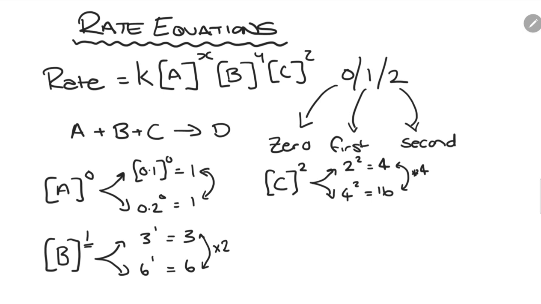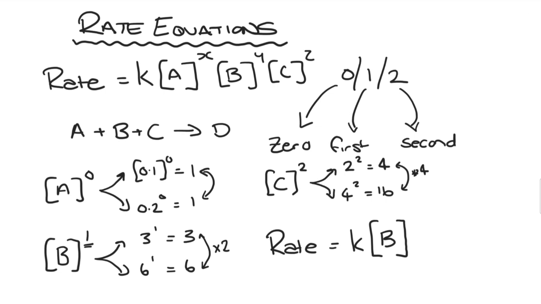That means then that we can now establish a true rate equation based on what we've just discussed, and we would then be able to rewrite the original rate equations with our x, y's and z's which were unknown. We would write the rate equation being k multiplied by A to the 0, which would be 1, which means any number multiplied by 1 doesn't change, and therefore for the purposes of the rate equation we can ignore 0 order concentrations and omit them from the rate equation.